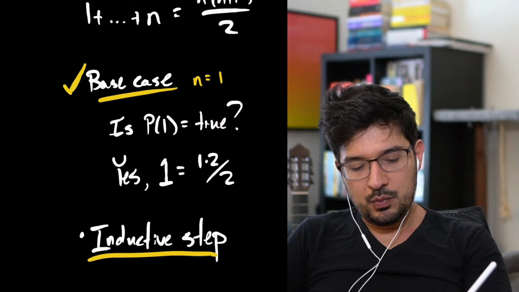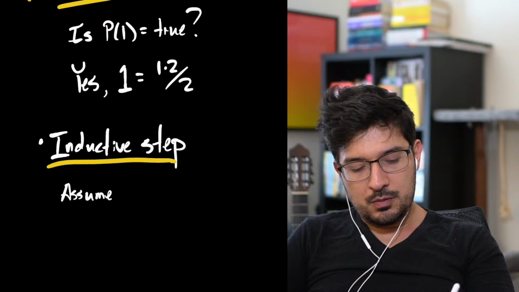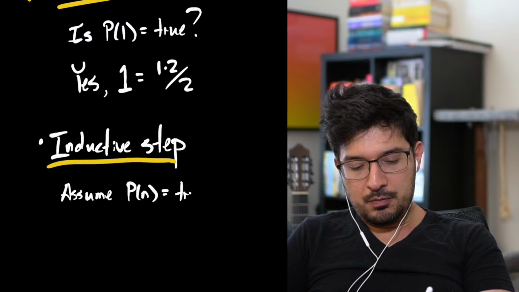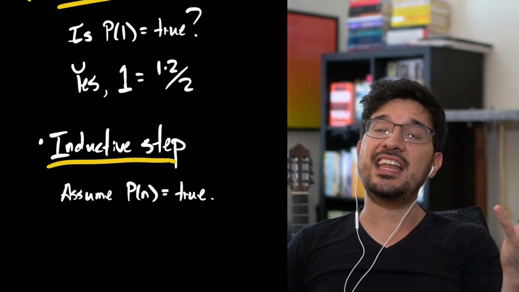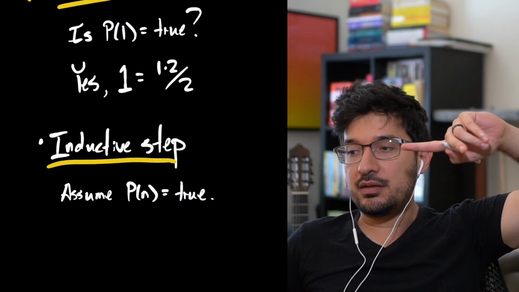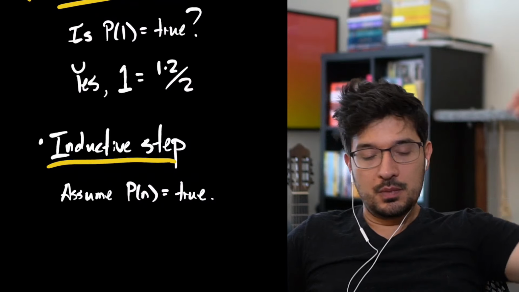In this, we assume that the claim is true for some number n. It's at least true for 1, so we can assume that it's true for some number.